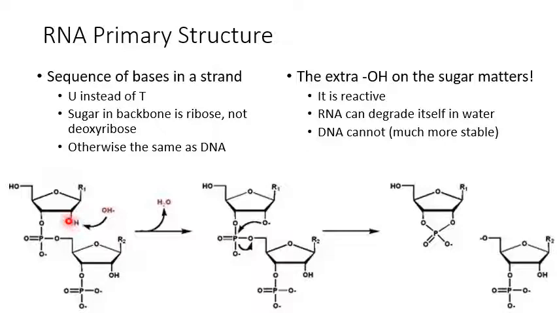Basically the hydrogen is stripped off of that oxygen to form water, and then you end up with a free oxygen that has a charge on it, and that oxygen is going to react with the phosphate group that's a part of this phosphodiester linkage. At the end of that reaction, you end up with the phosphate group attached twice to the first nucleotide and attached 0 times to the second nucleotide. So basically you have broken the nucleotide chain. You've broken this strand of RNA.